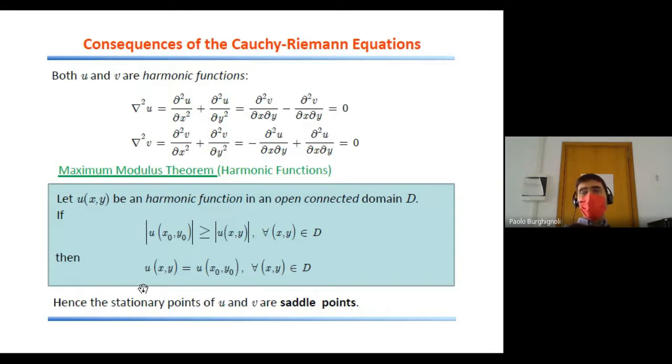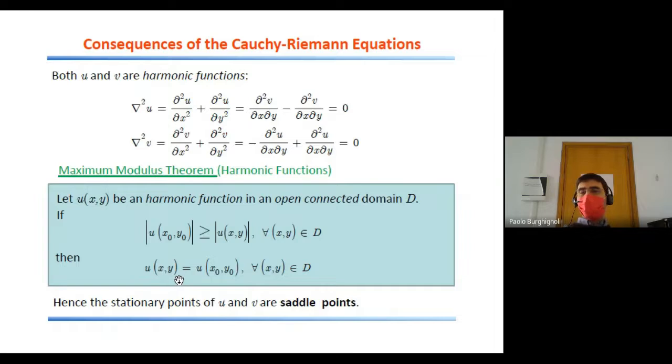So we cannot have interior minima nor maxima actually for a harmonic function inside an open connected domain.